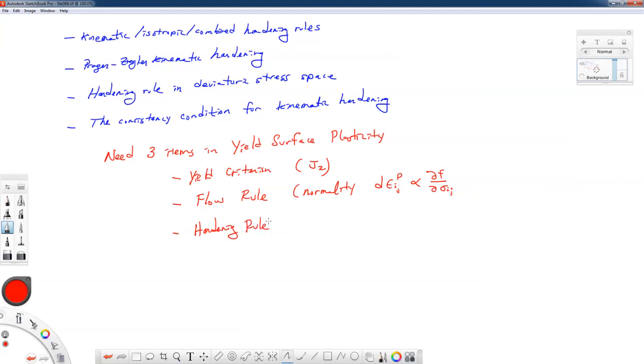And there are lots of different hardening rules available. There are various kinematic hardening rules. Kinematic means movement, where the yield surface moves. Isotropic hardening rules, where you have an expansion of the yield surface.